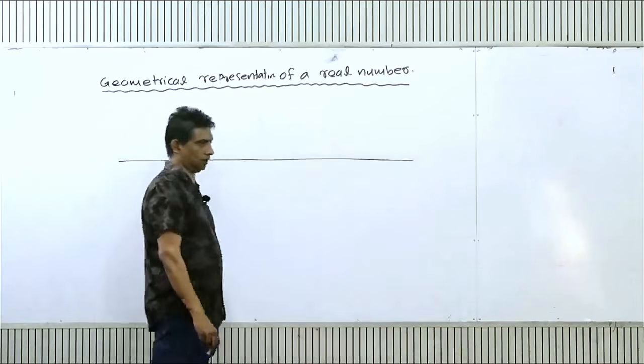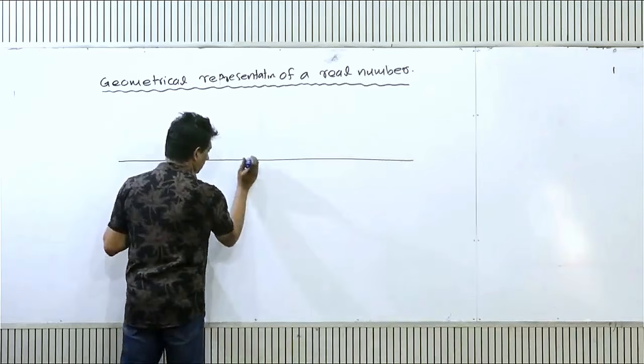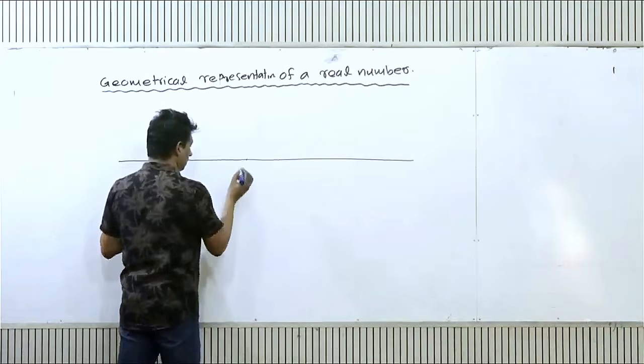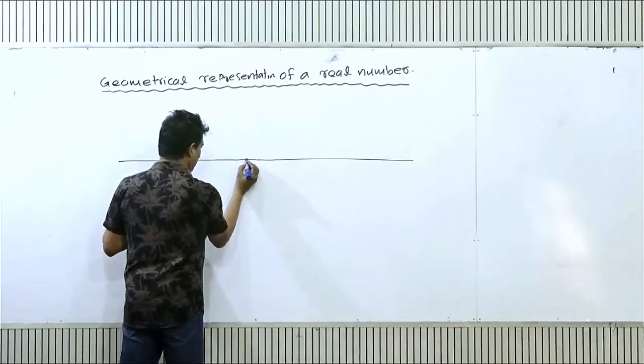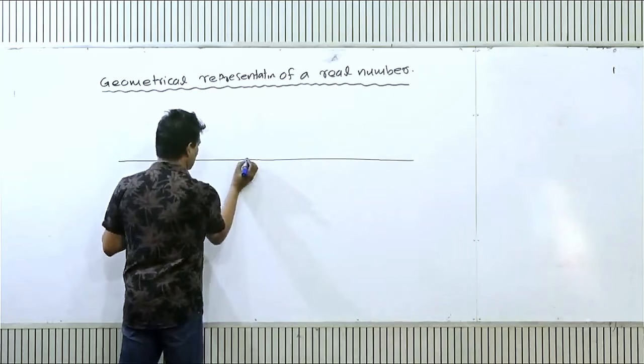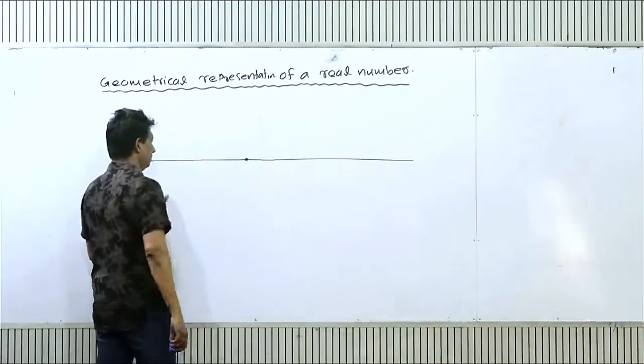You can draw a straight line. Now you can mark any point on this straight line, and you can draw a small circle around this point.